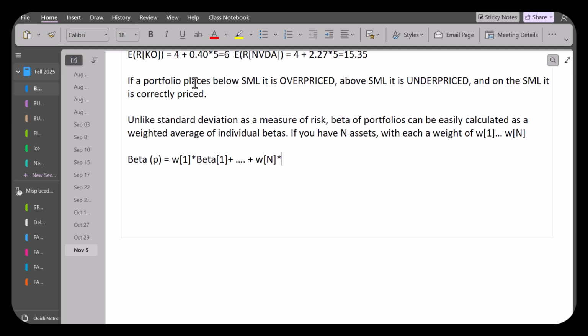And note that beta of the market portfolio is equal to 1 and beta of risk-free assets is always equal to 0. Okay.